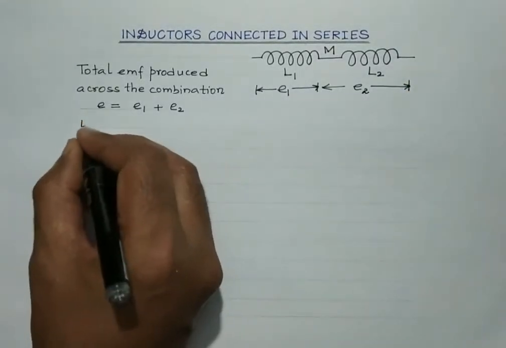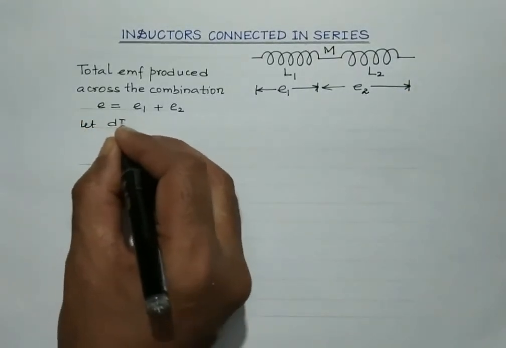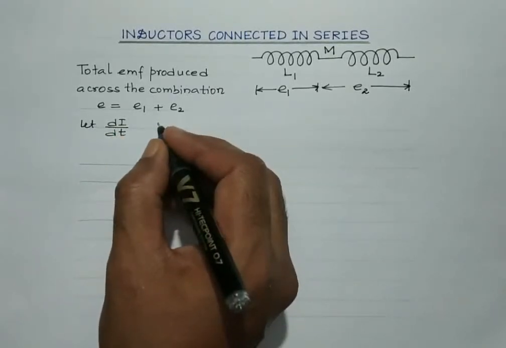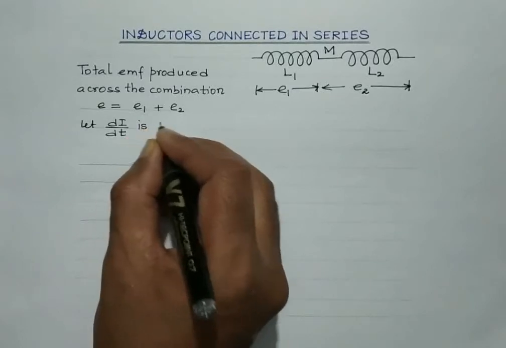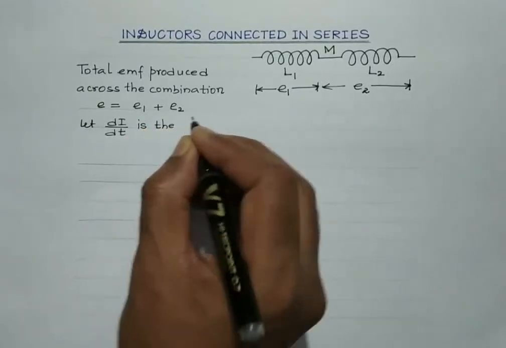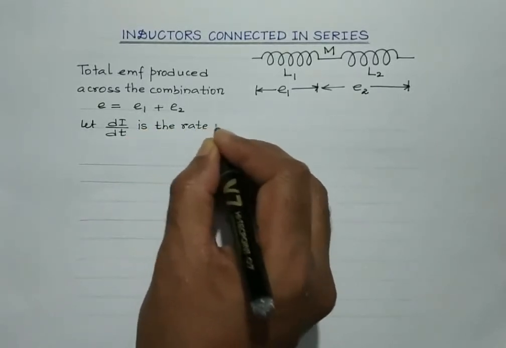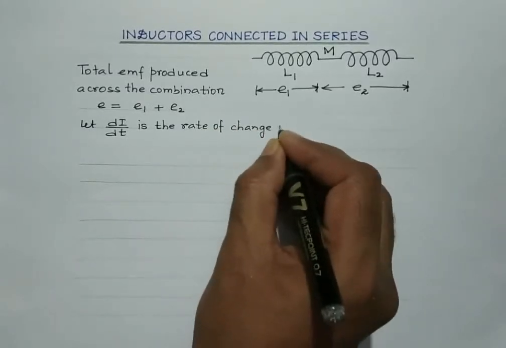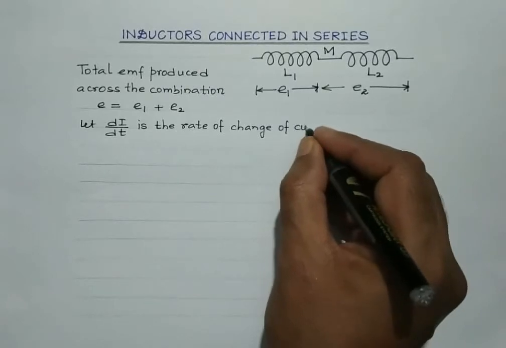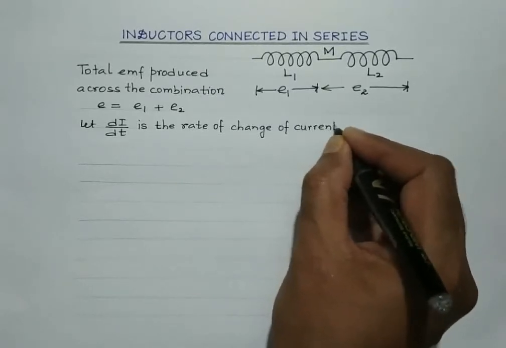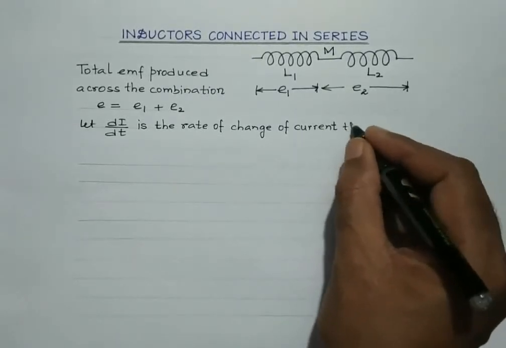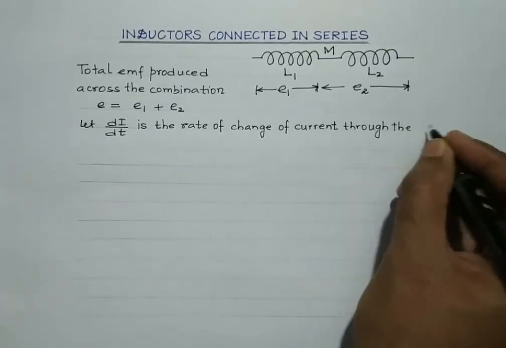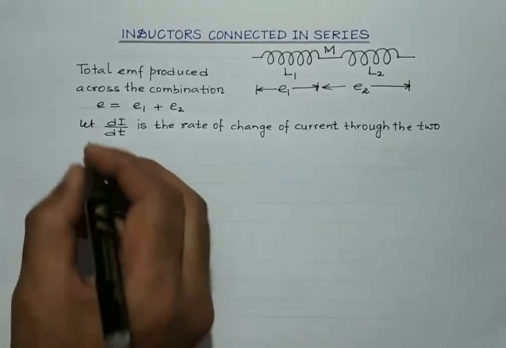Now let di by dt be the rate at which the current is changing. So suppose di by dt is the rate of change of current through the two inductors in series.